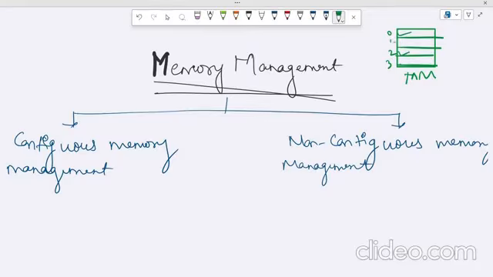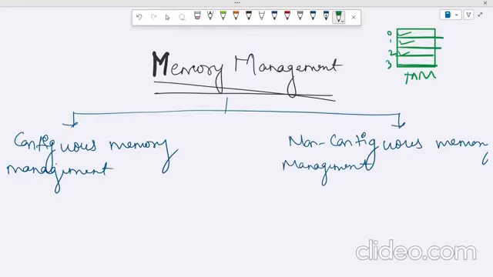So it is not contiguous. Contiguous means 0 and 1 are allocated to a particular process, then the next process gets 1, then 2, then 3, so memory is allocated sequence-wise. Non-contiguous means memory is not allocated sequence-wise: one memory from a particular part, other memory from another part of the main memory. So this is the difference between these two.